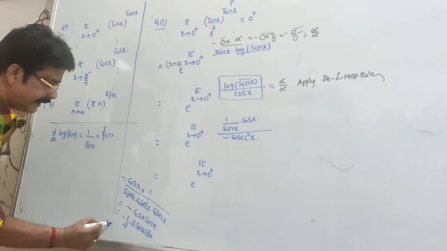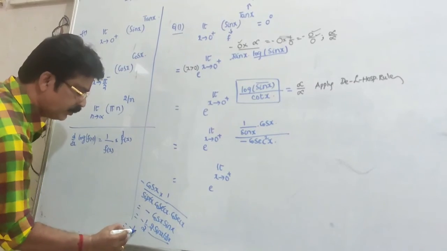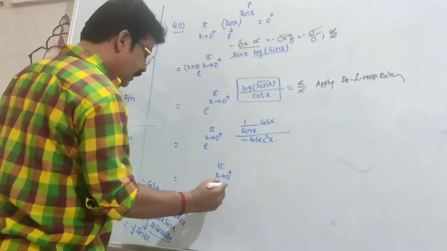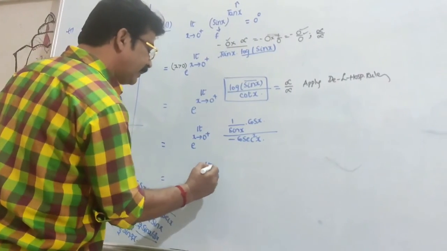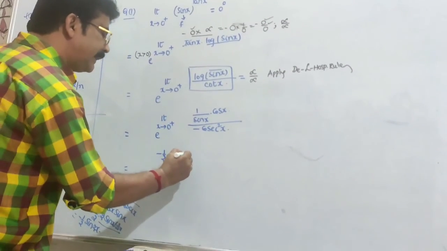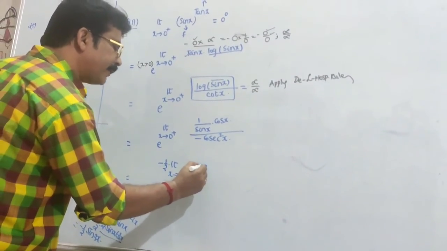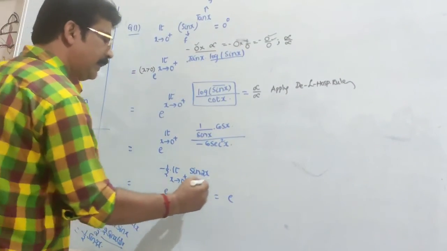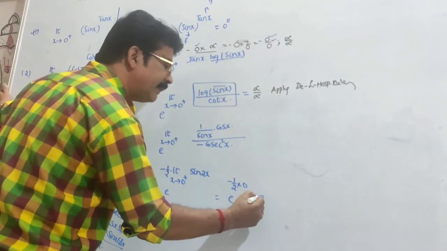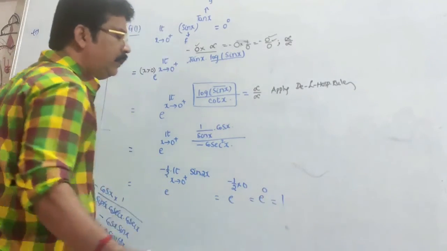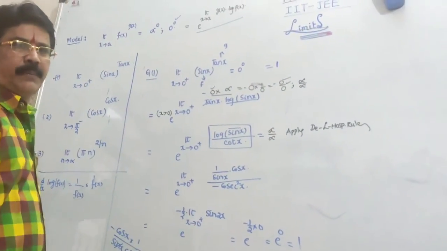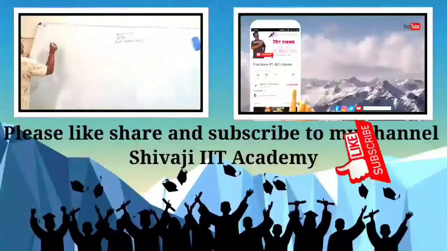So therefore that is equal to minus 1 by 2 into sin 2x, the sin 2 theta formula. So it is minus 1 by 2, pure constant, sin 2x. So that is equal to e power minus 1 by 2, put x equal to 0, sin 0 is 0, that is equal to e power 0, that is equal to 1. So the final answer is equal to 1, hence the problem.